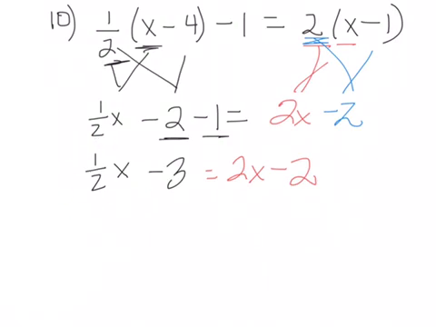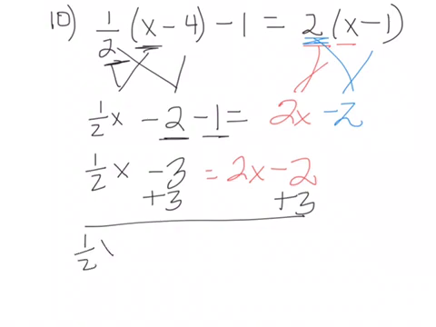If I wanted to get the 1/2 x by itself, I could add 3 to both sides. And I could move the 2x over, or I'm just going to leave it there for now. We've got 1/2 x, the 3's add out, and this is equal to 2x, and negative 2 plus 3, or 3 minus 2 if you want to rewrite it, is a plus 1.